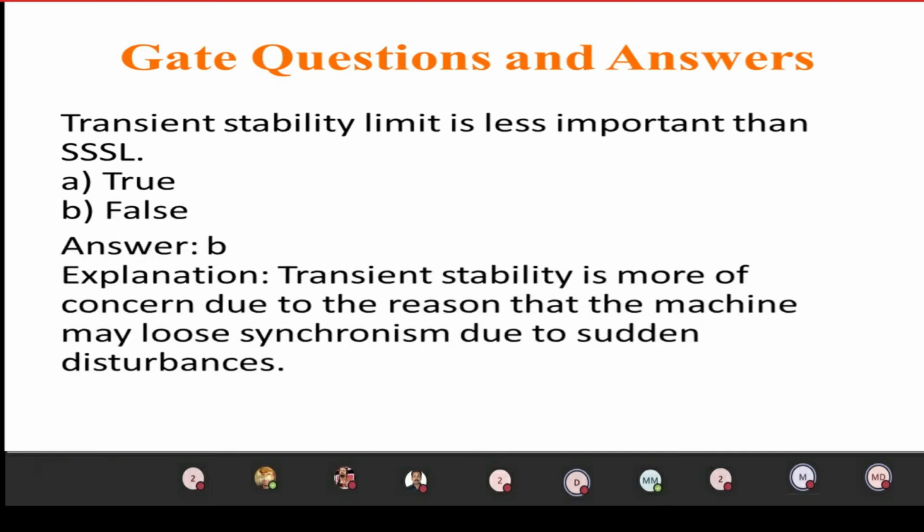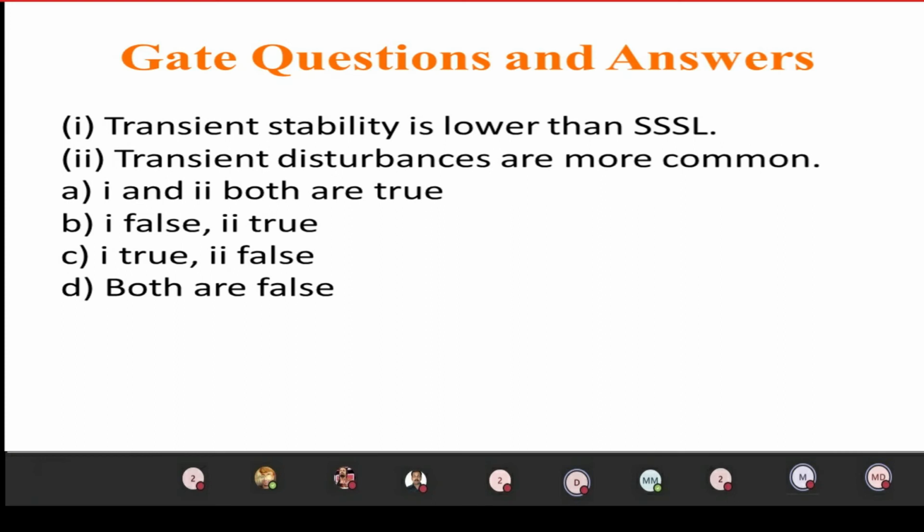So transient stability is more of a concern because the machine may lose synchronism due to sudden disturbance. So once again we have the triple X problem. Transient stability is lower than SSL. Transient disturbances are more common.